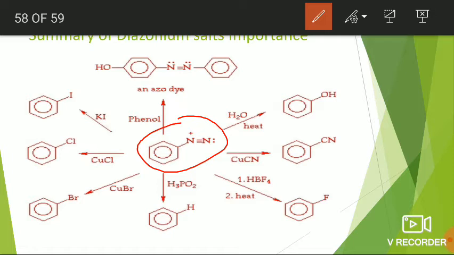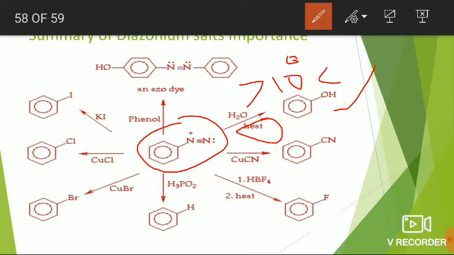This is diazonium salt or diazonium ion. If you hydrolyze the diazonium salt at above 10 degrees centigrade, here heat is generally above 10 degrees centigrade, we get corresponding phenols.